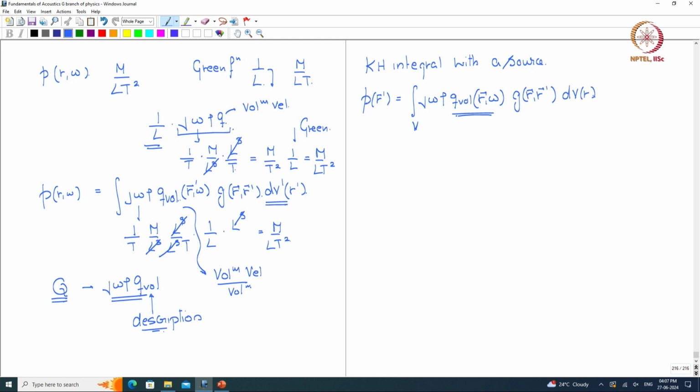Here all descriptions, source points and integration points are r, as opposed to r dash earlier.